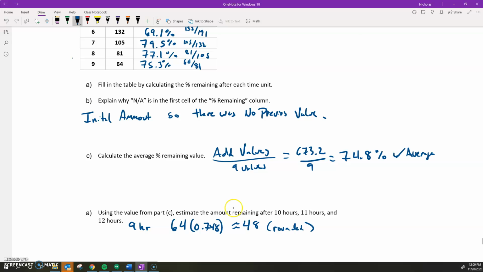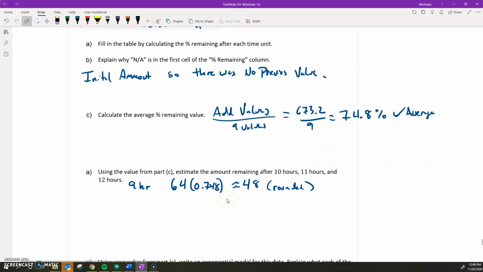Rounded. The 10th hour, well, there are 48 remaining after hour 9, so take 74.8% of that. That gets me to 35.9, which will round up to 36, rounded.